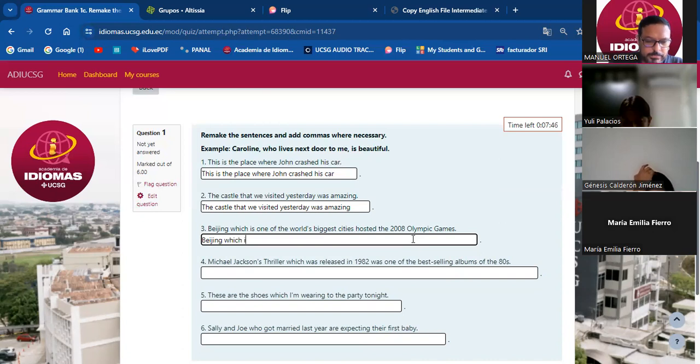Beijing, which is one of the world's biggest cities, hosted the 2008 Olympic Games. Now, in this sentence, it's possible that I omit part of the information.